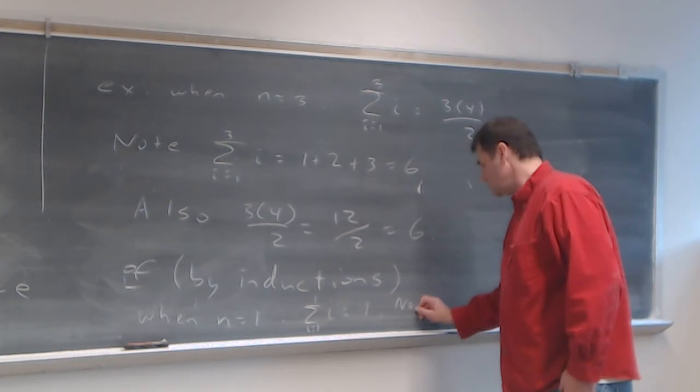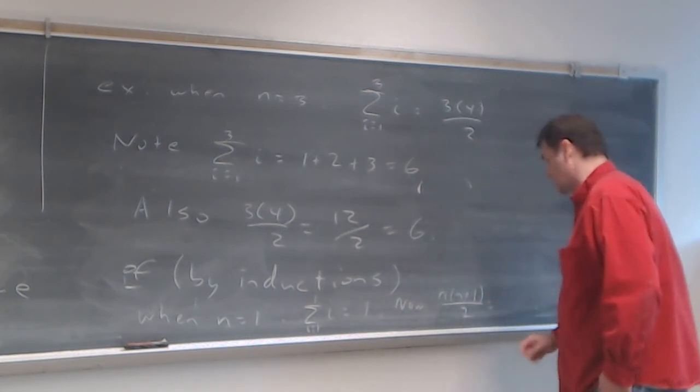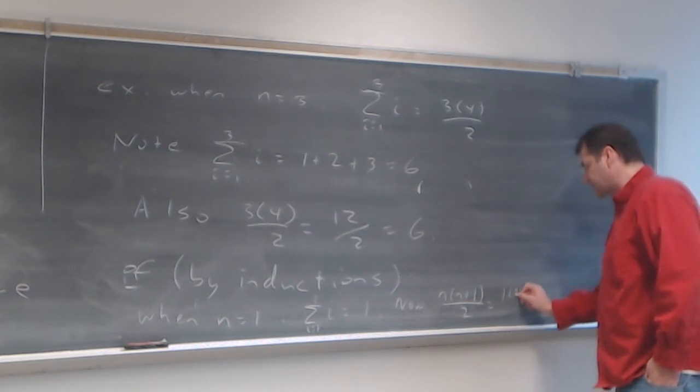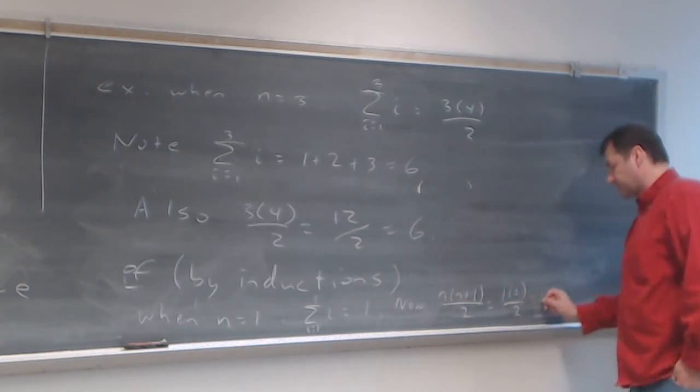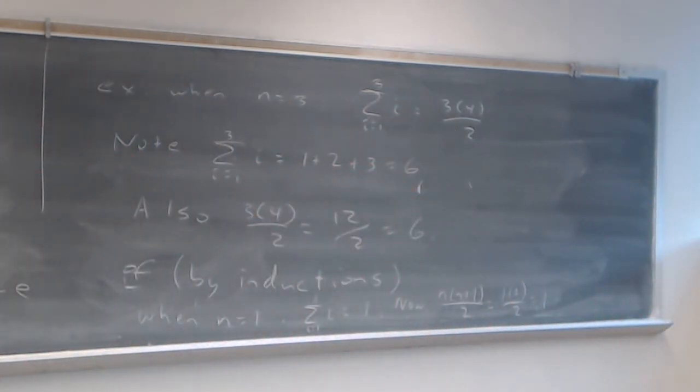Now, n times n plus 1 over 2, when n is equal to 1, is equal to 1 times 2 over 2, which equals 1. So we see the statement is true when n equals 1. I'm going to write that out very formally.